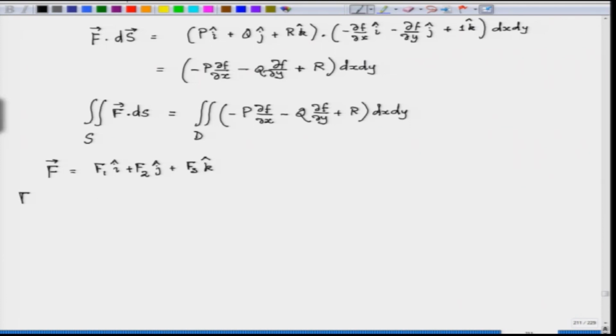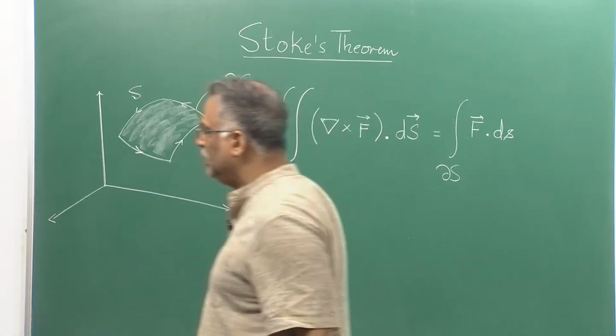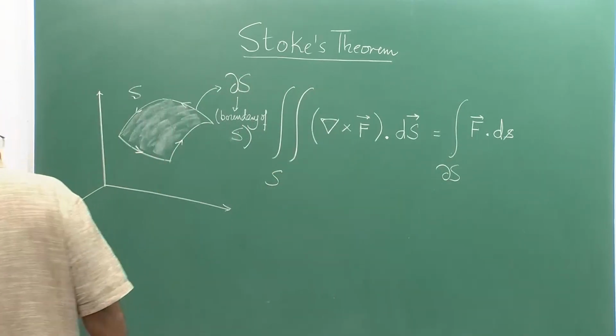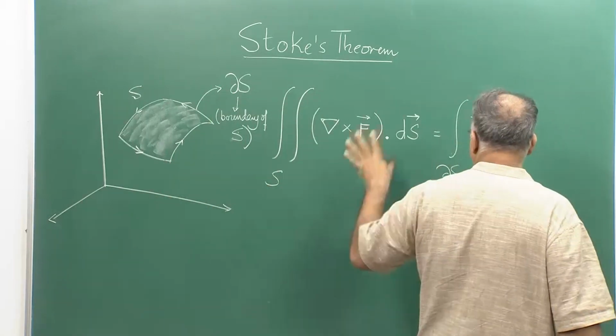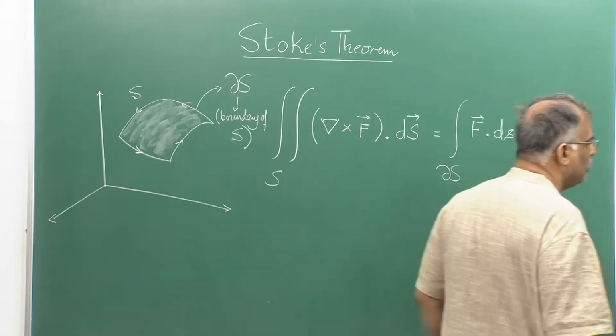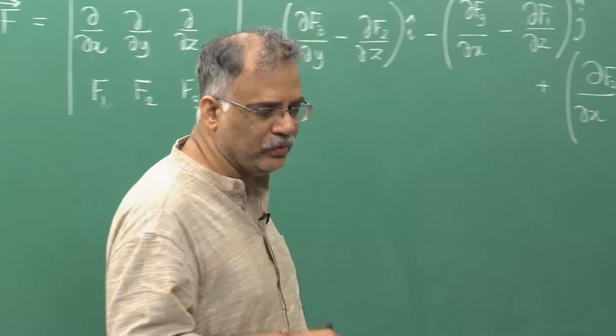When I write in function mode, I do not put an arrow. When you say F is R3 to R3, it is assumed to be a vector function. But when I write in the i, j, k mode, the physicist mode, I put an arrow. You may or may not put an arrow, that is up to you, but here you need to put an arrow to say the product of two vectors.